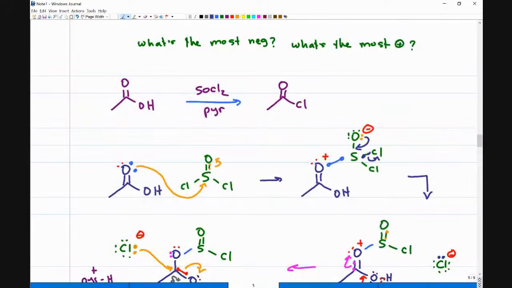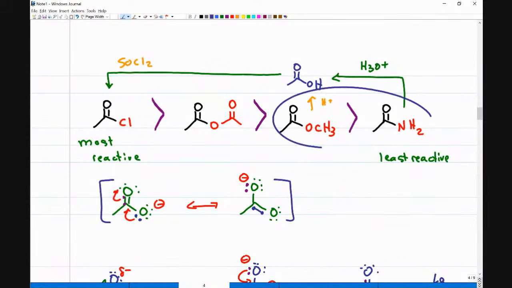while I jump on over to the next derivative, and that is the amide. The amide, as you remember, has the nitrogen. And so if I have a carboxylic acid, because the amide is more reactive than the carboxylic acid, I can just react the two directly.